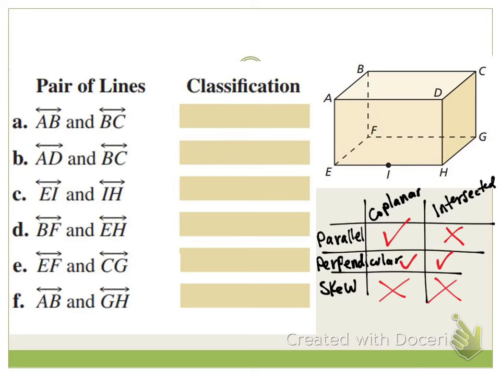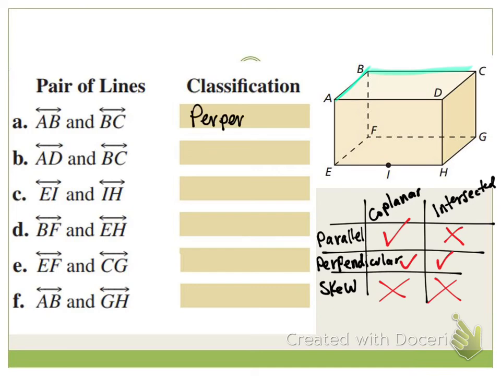I didn't copy the directions, just so you know. So the first one, we're going to classify it as parallel, perpendicular, skew. Some of them might be none of the above. We'll talk about it when we get there. But we have AB and BC. So are they on the same plane? Yes. Do they intersect? Yes. And it's a box, so again in the directions it would have said that there would be a right angle here. So what do we call these?